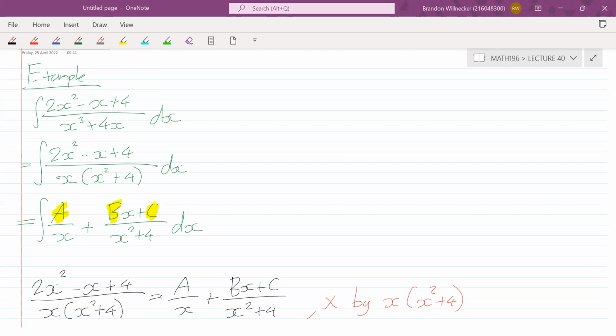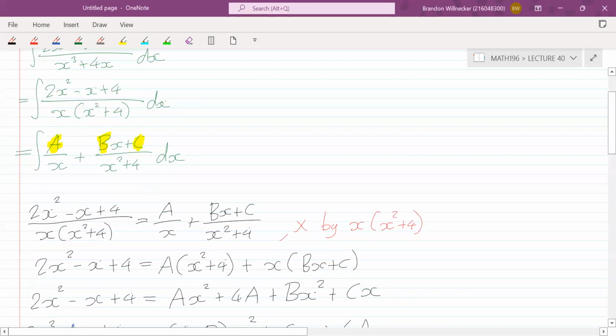Step 2, you look at the denominator and you factorize. Here we had x cubed plus 4x. You factorize that fully into x times x squared plus 4. Step 3, you use your partial fractions to separate it out. Here we had 2 terms in the denominator, so we have 2 terms in the decomposition.